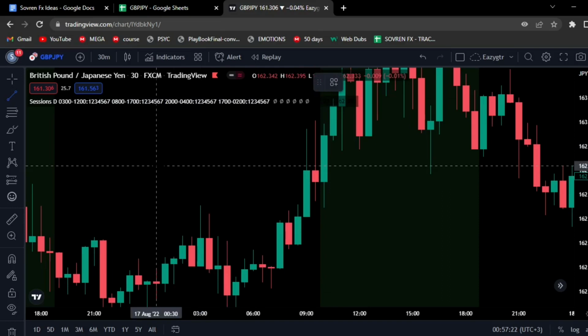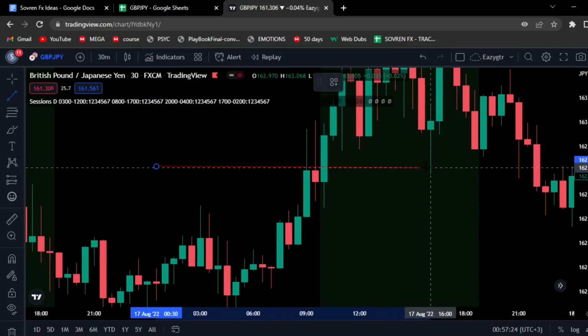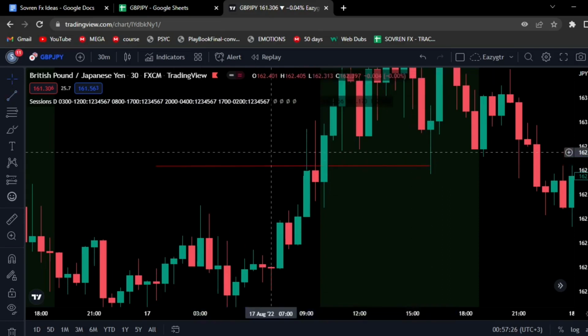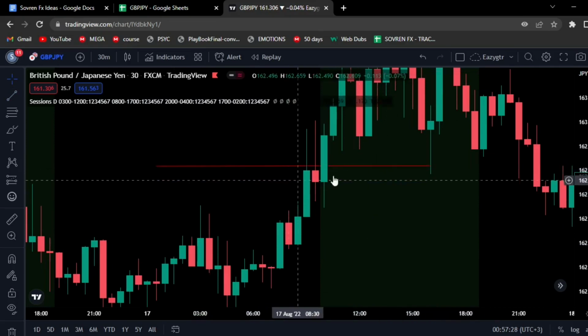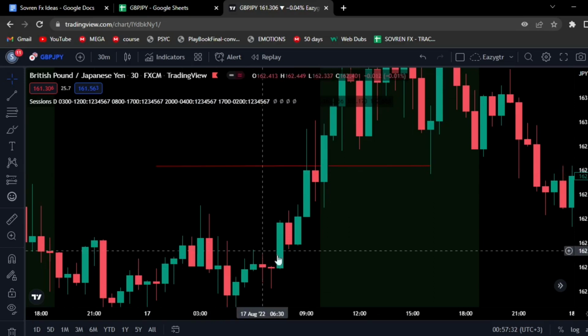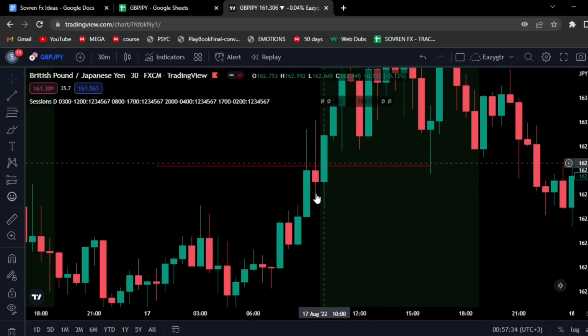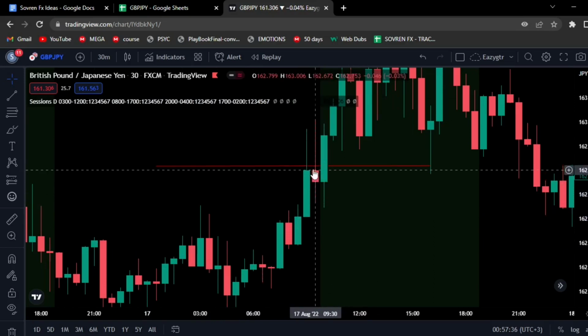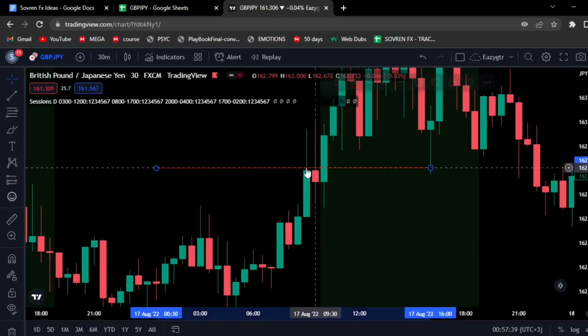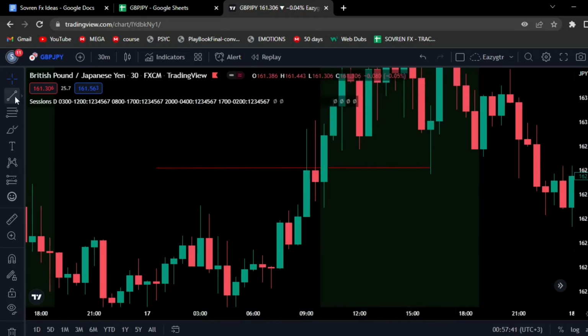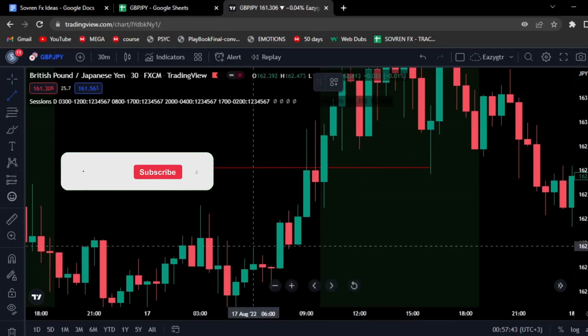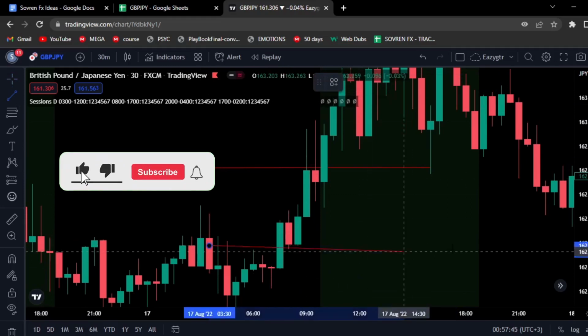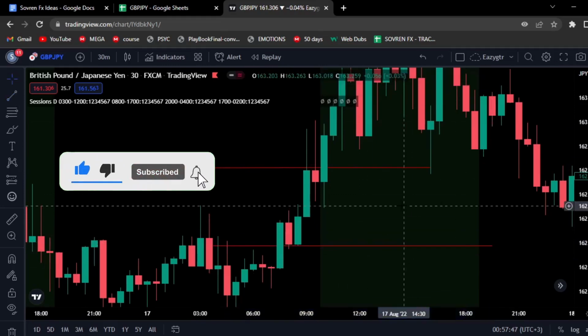I'm going to draw a line here. This refers to the resistance, because we have a bullish and bearish candle back to back, so that defines our resistance before the London open, and this here defines our support.